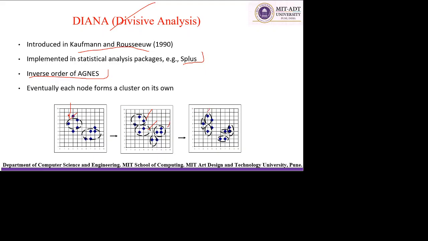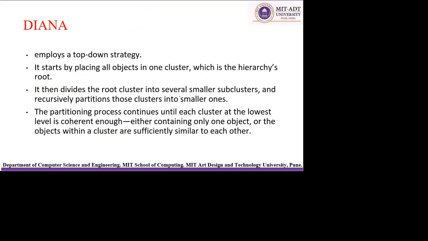Again we'll have the splitting of the clusters, and at the end we will have clusters of smaller size. Each node may form a cluster on its own, or you may have different clusters at the end. So this is how the DIANA algorithm works in the top-down strategy.